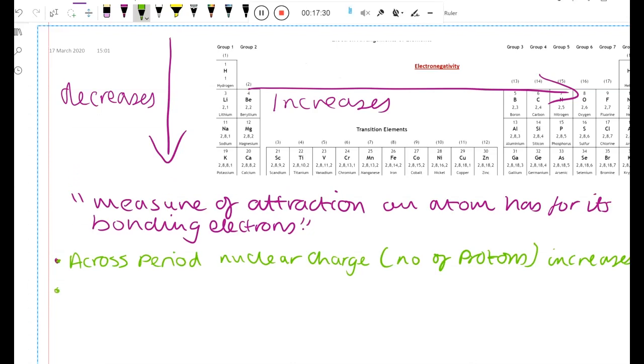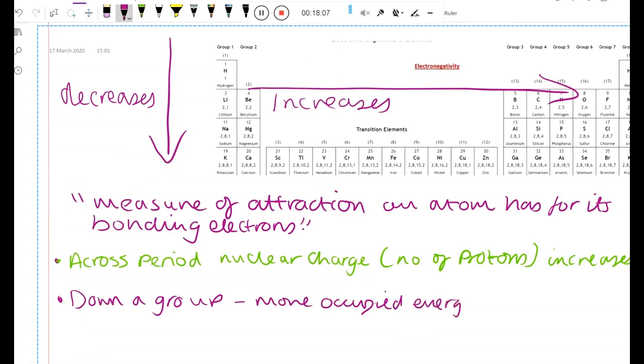Okay, as you move down a group, as you move down the group, you've got more occupied energy levels.